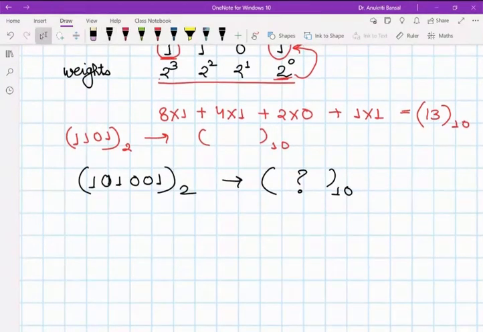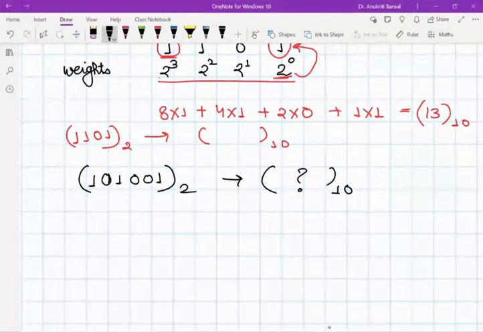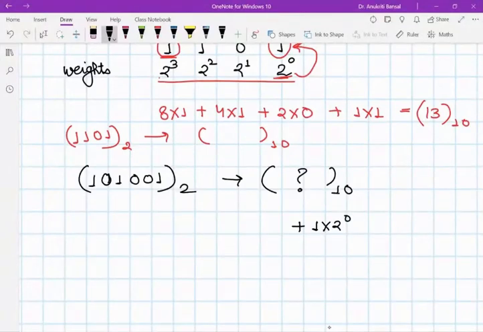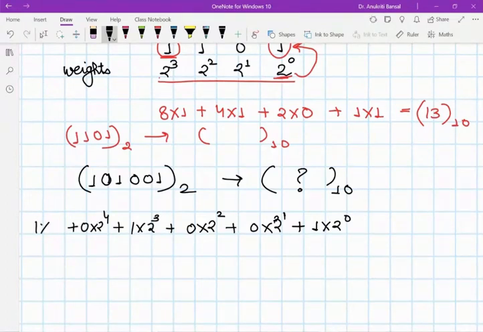Okay. So this is 32 plus 8 plus 1, which is 41.